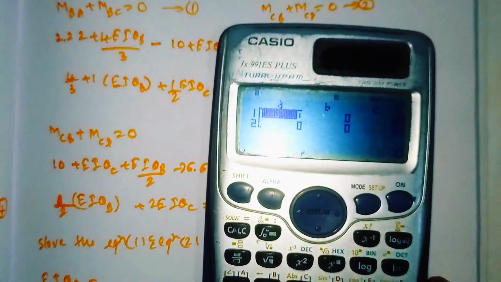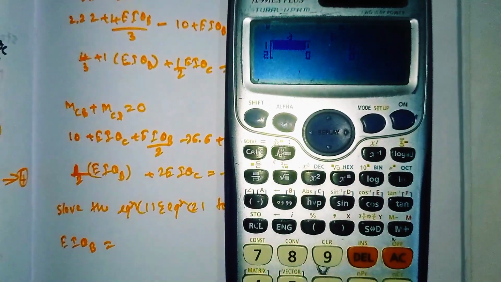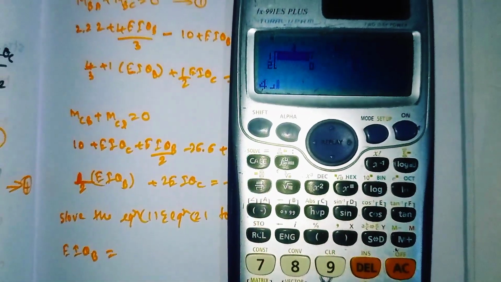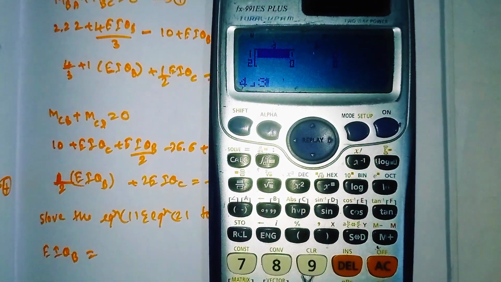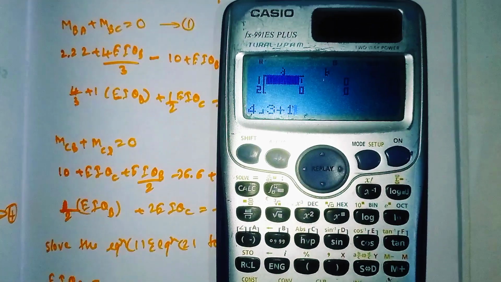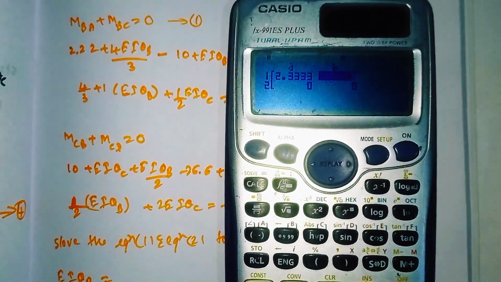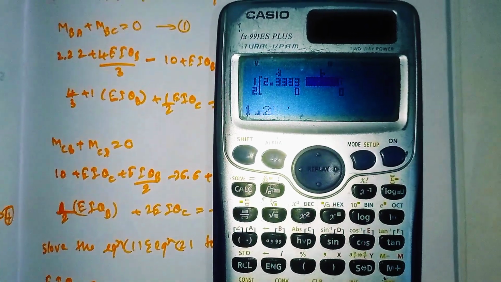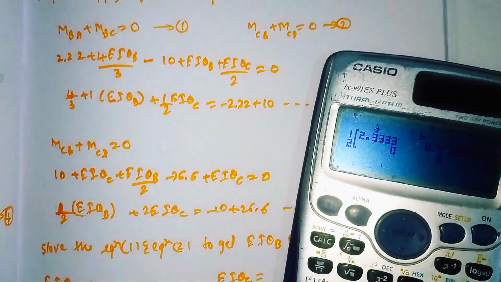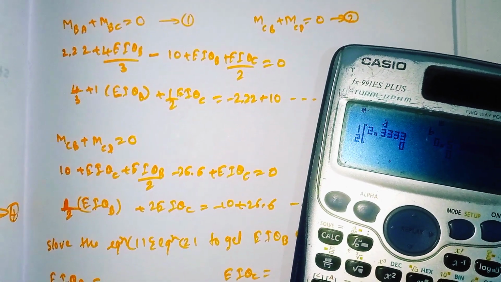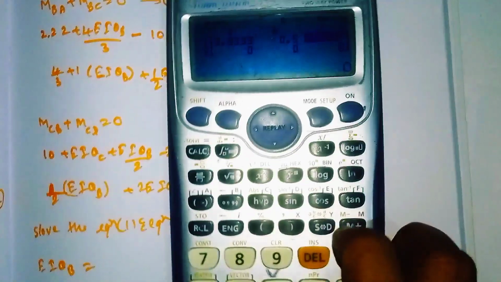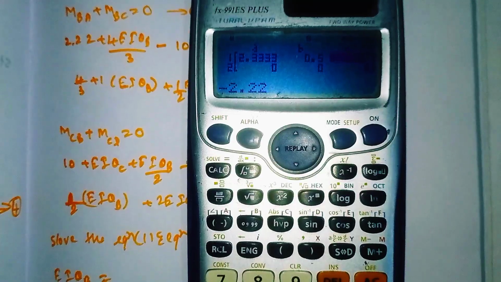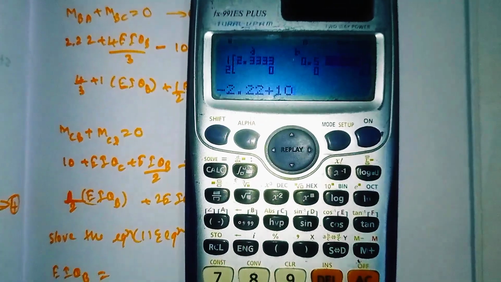So substitute 4 divided by 3 plus 1, and plus 1 divided by 2, minus 2.22 plus 10.